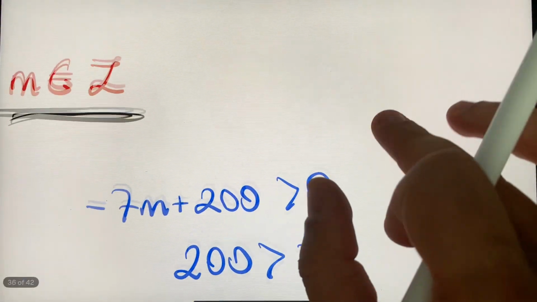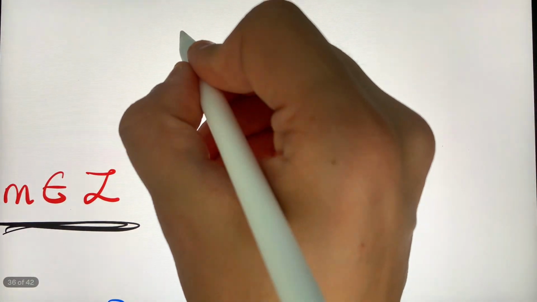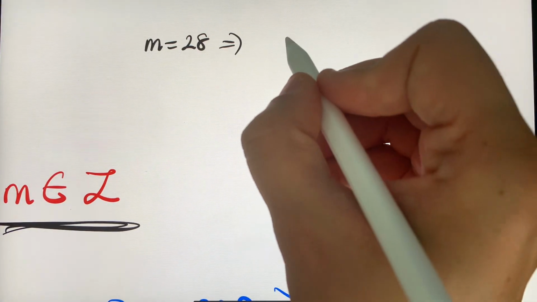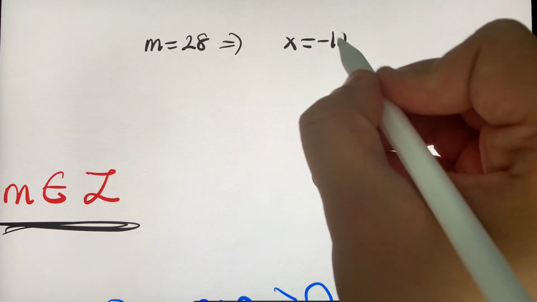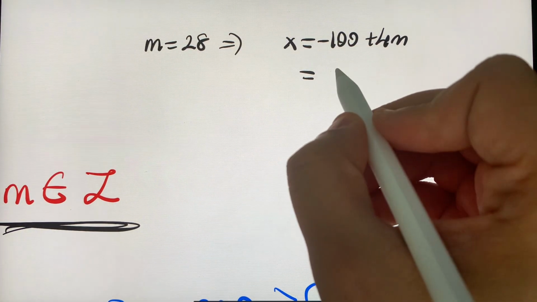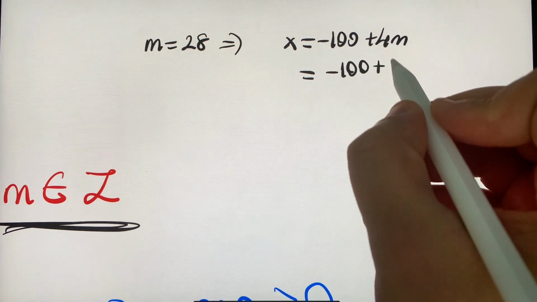And finally, we will examine the situation where m is 28. Let's write it here: m is equal to 28. x is equal to negative 100 plus 4 times m, negative 100 plus 4 times 28.